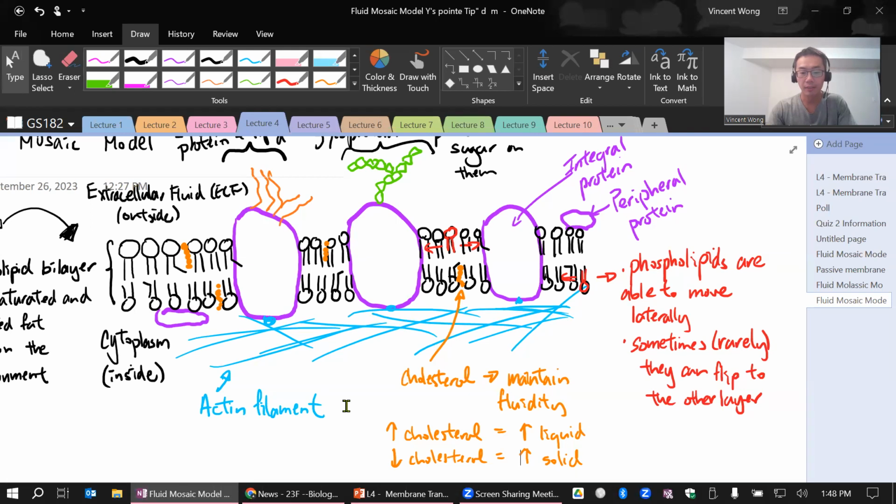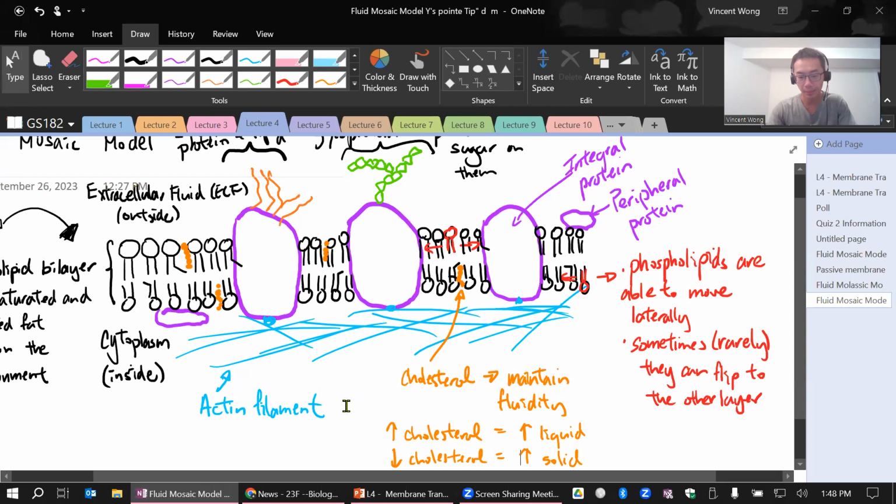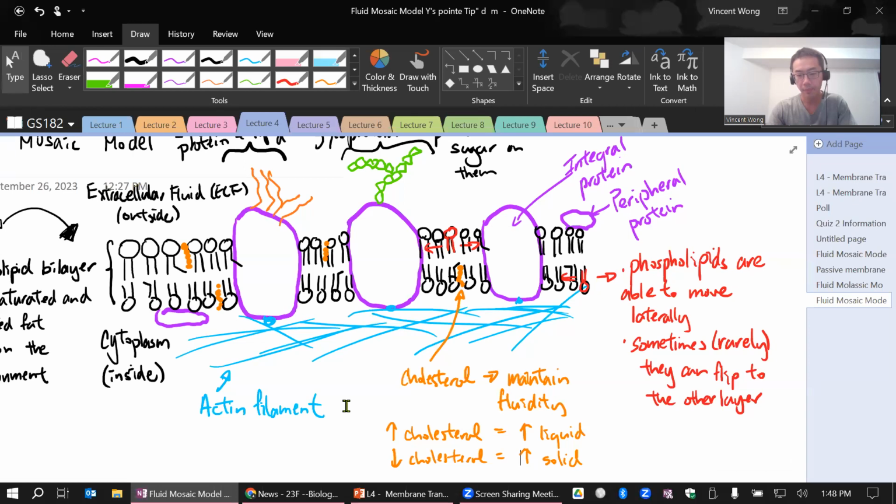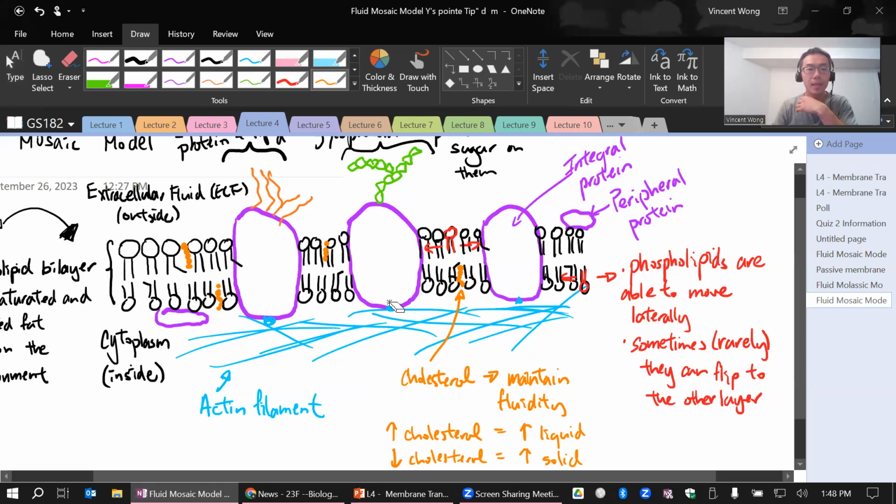Does anyone have any question about what we've drawn? Yes, go ahead. Are the integral proteins attached to the phospholipids? I wouldn't say they're attached, but they fit snugly into it.